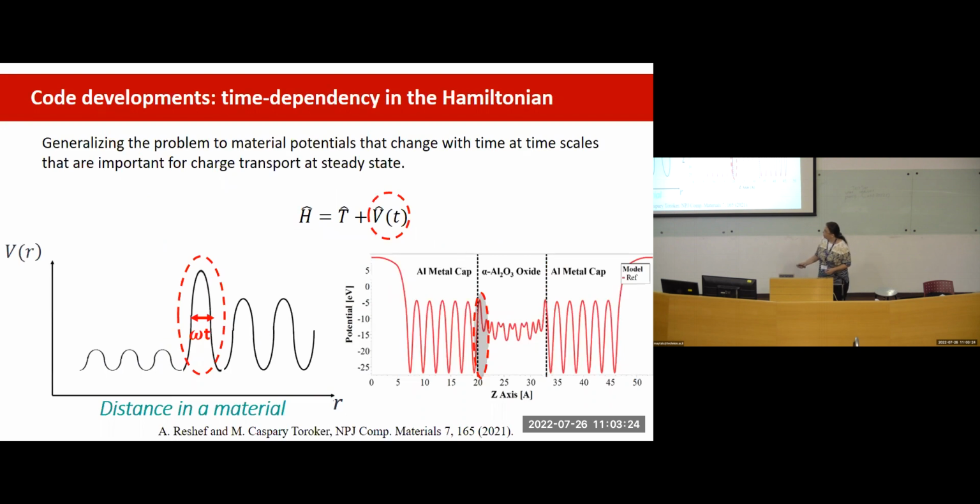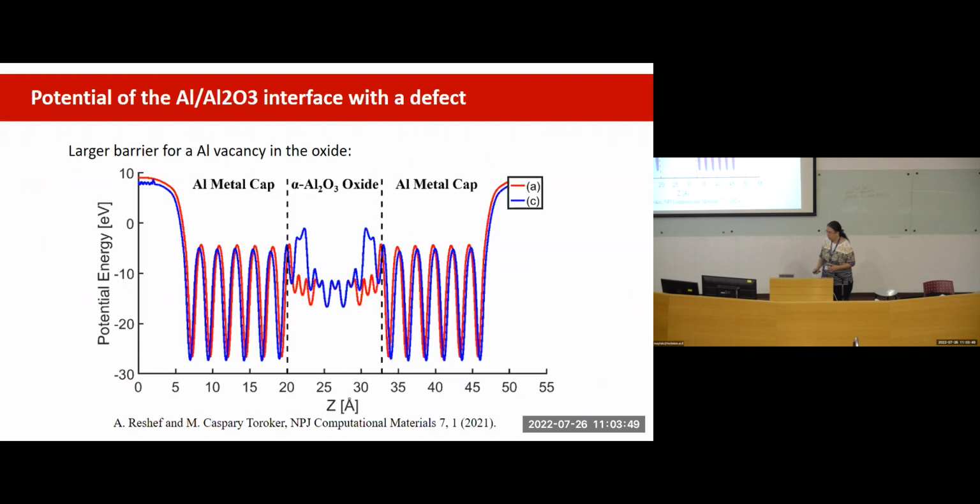One more thing we played with is we could make this potential time dependent. We took one of the barriers and vibrated it because that defect in the alumina interface, the hydroxyl group, has a vibration, which also affects the signature that is seen experimentally in the current.